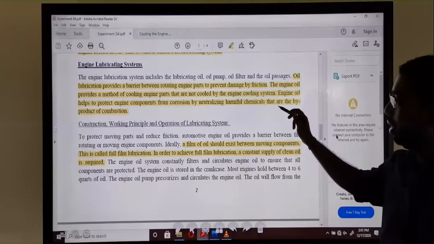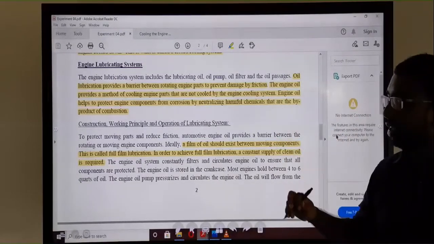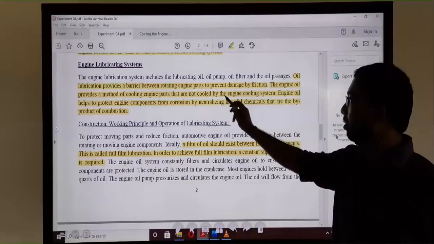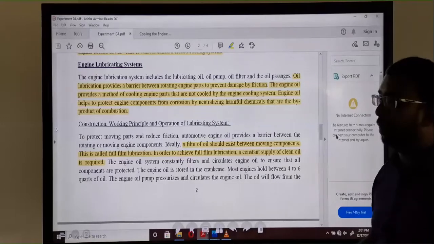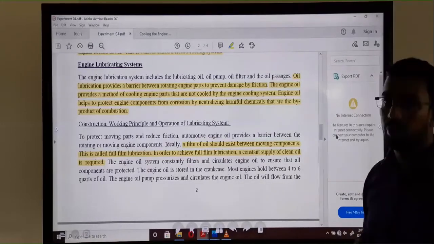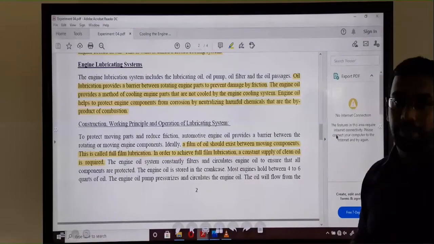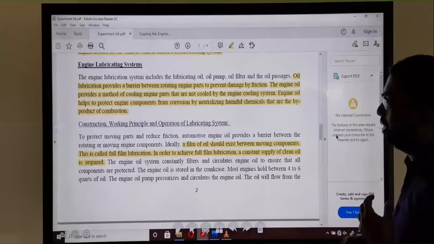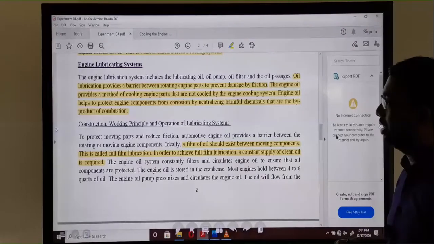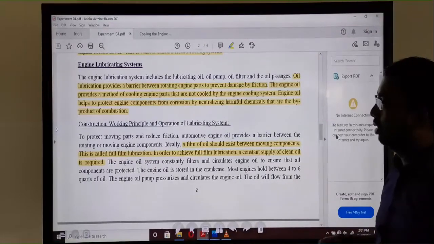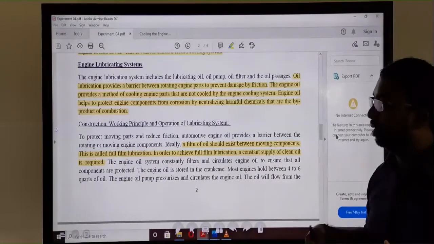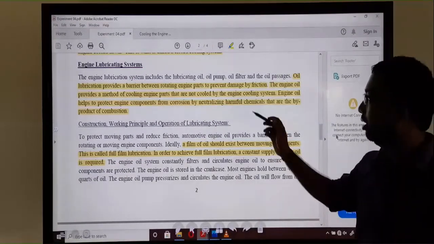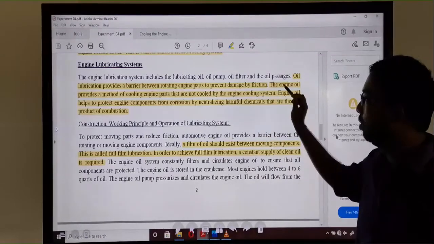Moreover, engine oil also provides a method of cooling engine parts that are not cooled by the engine cooling system. Some parts, the coolant does not enter. So this engine oil or lubrication material also cools some engine parts that cannot be cooled by the cooling system.